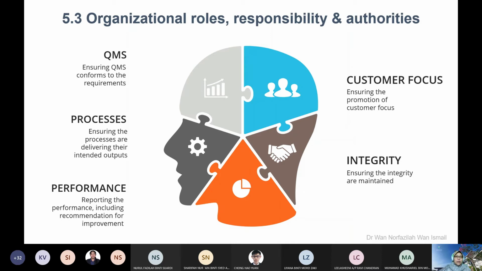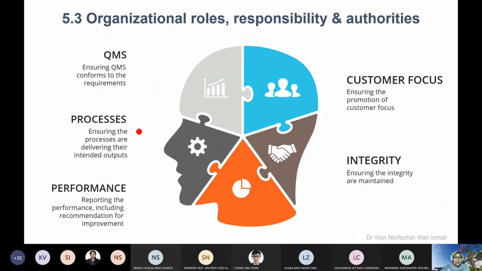Once the leader ensures the quality management of everything in the labs, it might conform with the requirements of ISO 9001. I cannot say that yes, it conforms because it depends on the lab process. But this leader should ensure the quality management system.